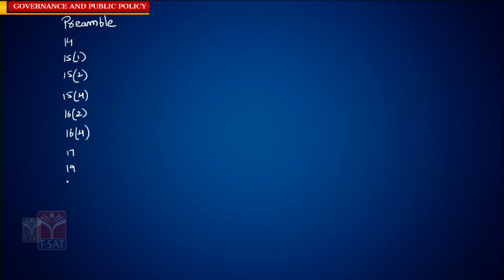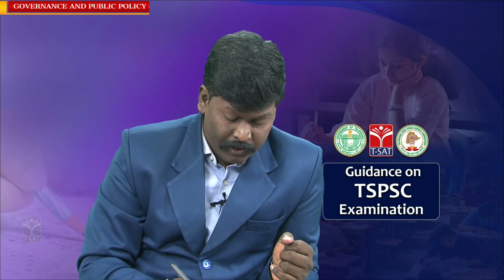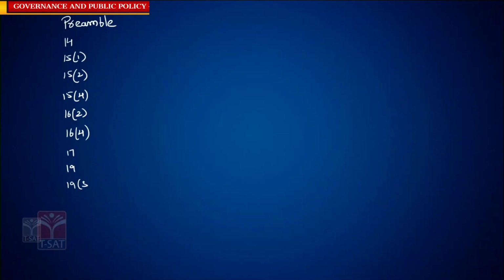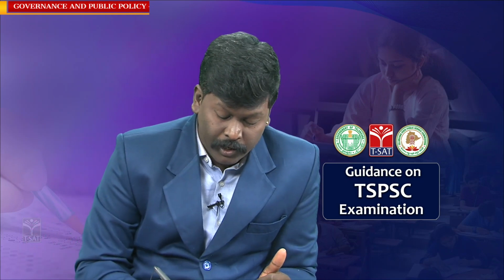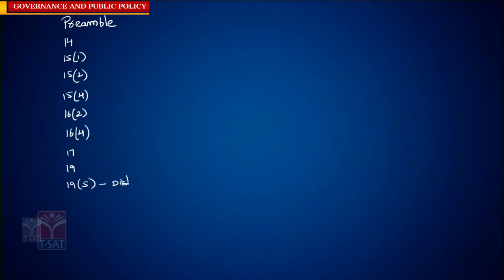Let me also tell you one more point so that you will have more clarity. This is specially for ST: we have Article 19 clause 5. It says that you have all the rights to move and reside anywhere in the country, but your movement and residence should not disturb tribal people. So, this is specifically for STs, remember this.